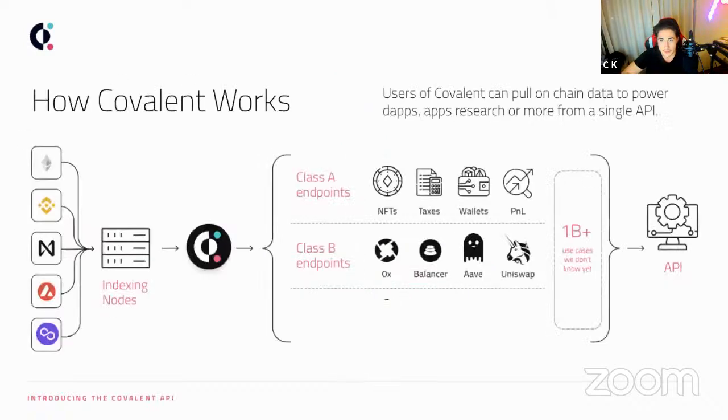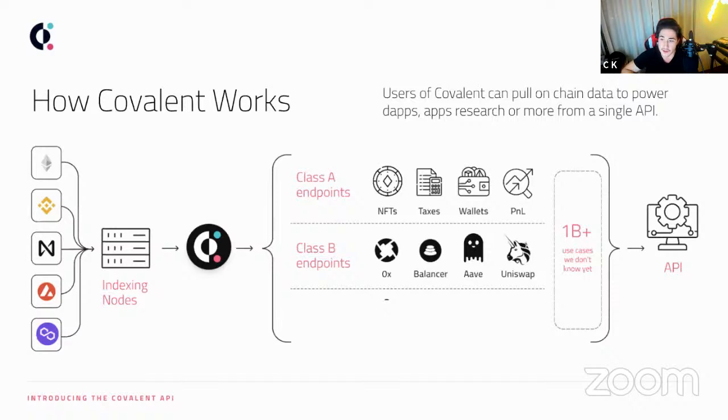So essentially, this is how Covalent works. We collect data from nodes of a particular blockchain, and we organize and structure it in a specific way and provide it to our users through Class A and Class B endpoints. Class A endpoints apply to historical and granular data that is available on all the blockchains, so that will be balances, transactions, log events, or details on NFTs.